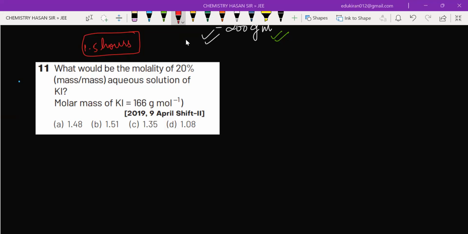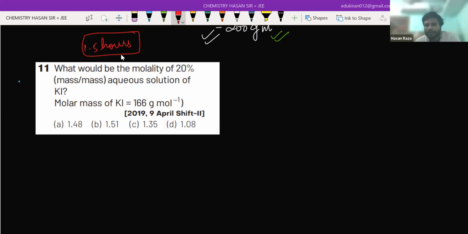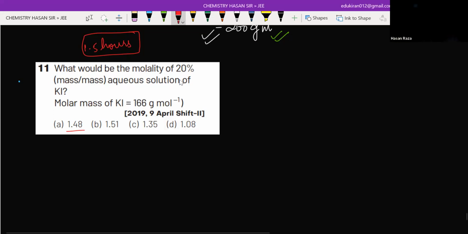Very good, Shahid. You have got the right answer. What about you, Faiza? It's not A, it's B basically. Can you cross check your answer? Because there is minor difference in between these two.